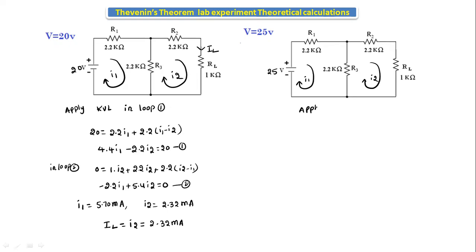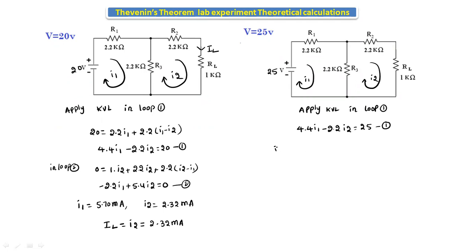Apply KVL in loop 1. If we apply KVL in loop 1, we will get the final equation 4.4 into I1 minus 2.2 into I2 is equal to 25. This is equation number 1.